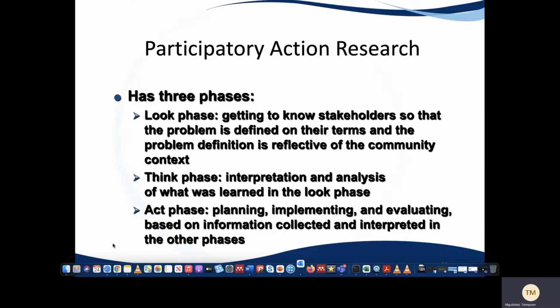They look, they get to know each other, they get to understand what the range of problems are, and they define that problem. So through extensive looking and understanding. Then the next phase is the think phase. So they've looked at this issue and they can now define and understand the problem that faces them. And so they make thoughts and generations about what it is that they are looking at and how they are going to respond to it.